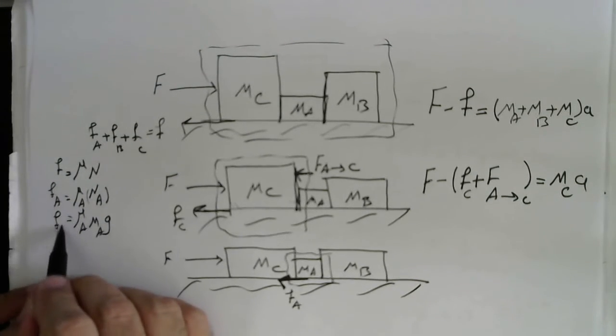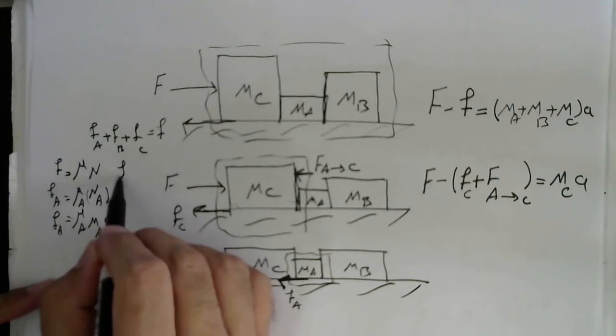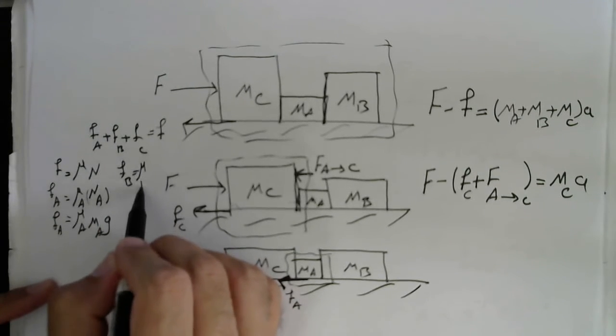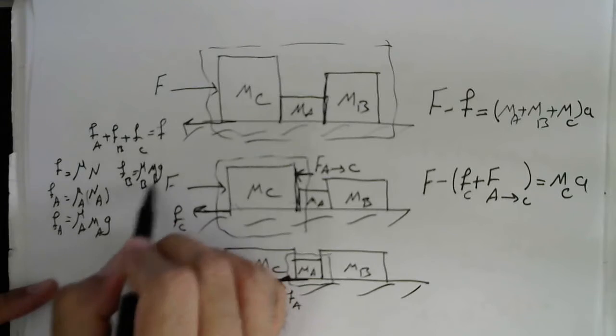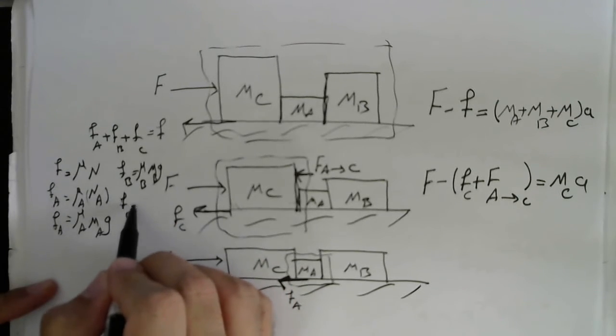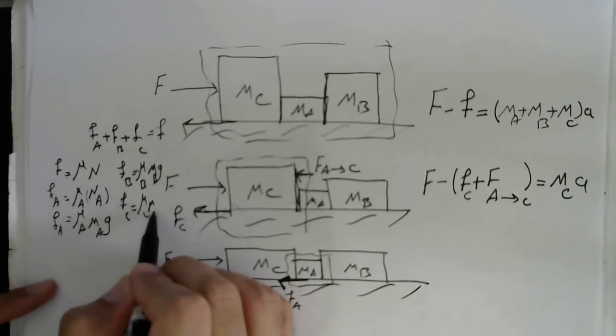This is fA. The same applies for fB, mu B mB g, and mu C mC g.